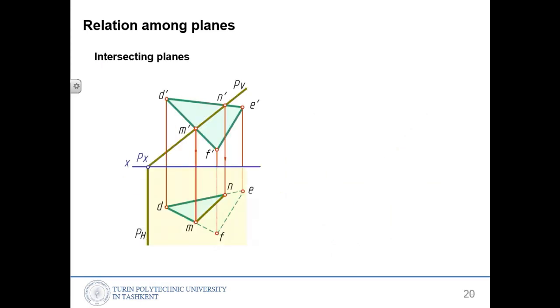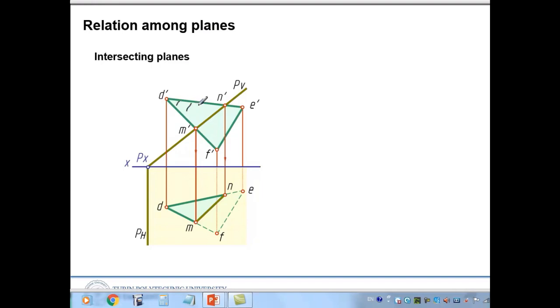Intersecting of planes. There are two planes given. One plane is D E F dash, so this plane, and from the top it is this plane.